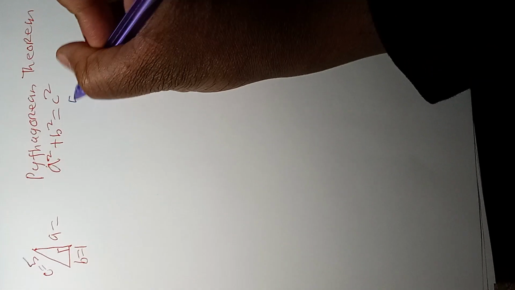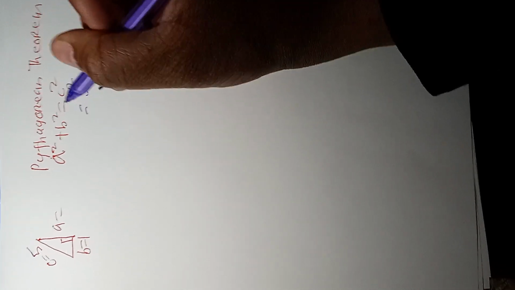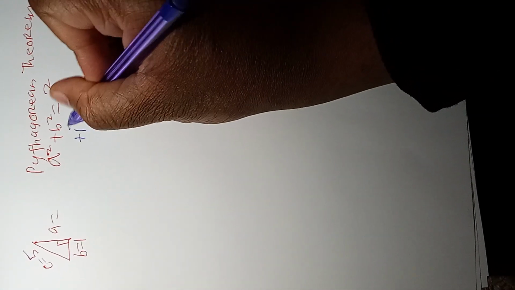The Pythagorean theorem is a squared plus b squared is equal to c squared. We just fill in here. We know c is 5, so 5 squared. And we know b is 1, so 1 squared. So a squared plus 1 squared is equal to 5 squared.